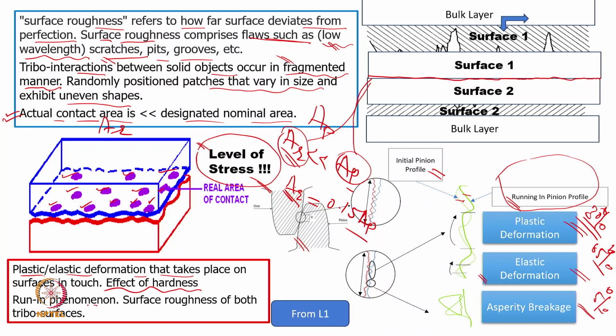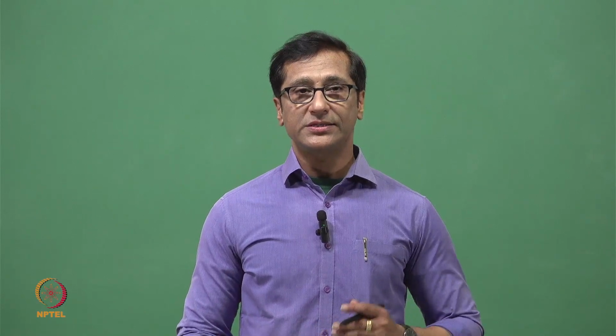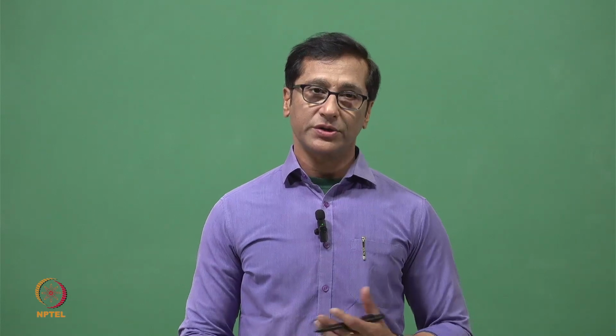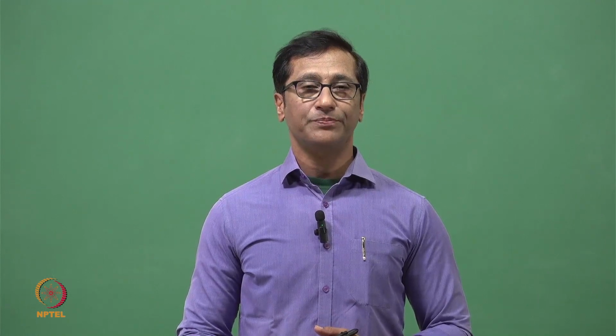And whatever we say running-in behavior, it will occur on both surfaces, the harder surface and the softer surface. We need to account for that in our analysis, our mathematical model and computational model, and that is very difficult, and that's why we really require a sophisticated method to model this kind of behavior.